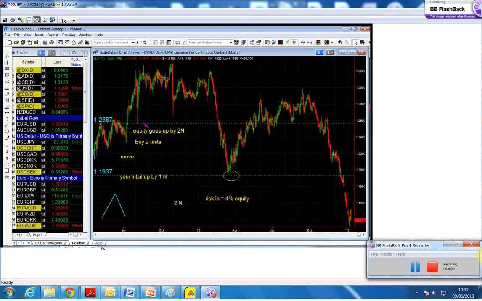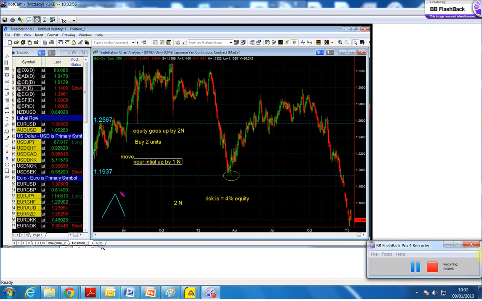So you should be starting, let's say, with 5N, then you add 3N, then you add 2N, and then you add 1N. And every time you add a position, you are moving your initial stop up by 1N.